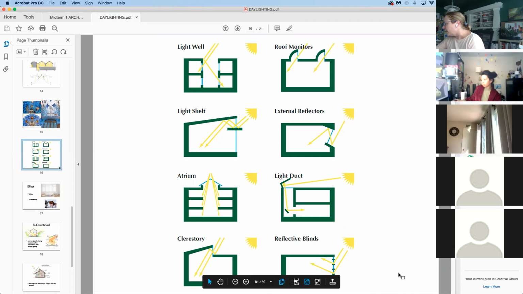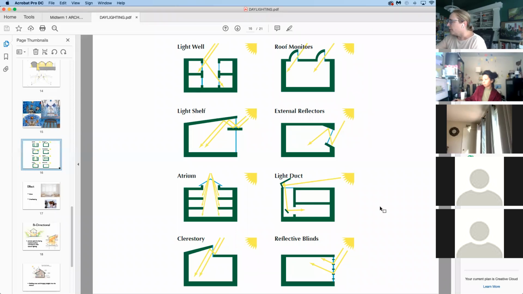Reflective blinds, typically those tend to be more of a window treatment on the inside, but they could be built into your actual glazing. An external reflector is just another way to help bounce light further into your space, or to create a light duct with reflection and mirrors.